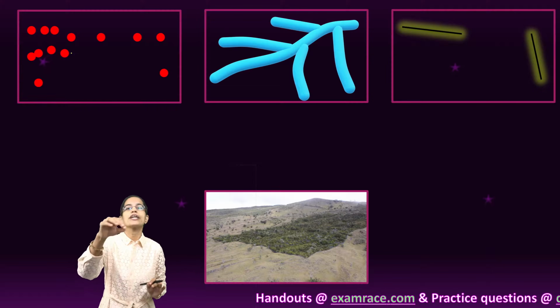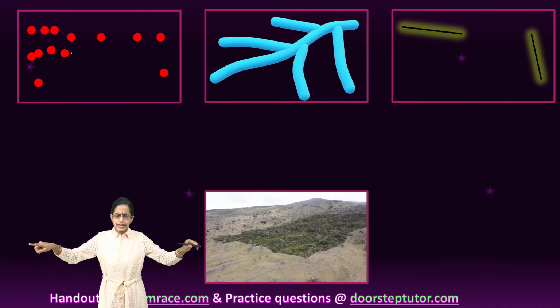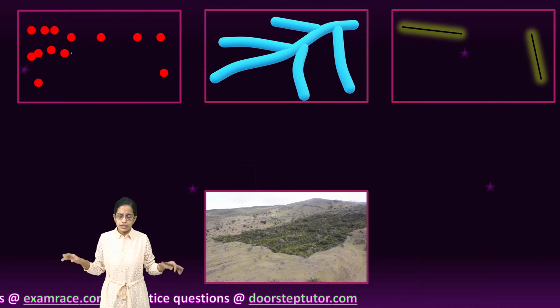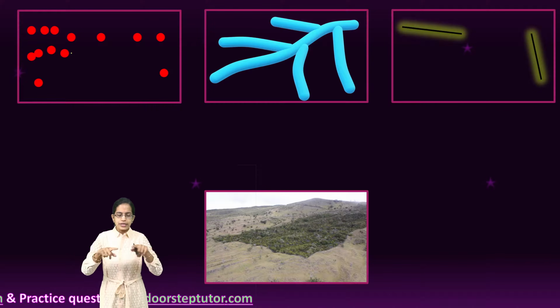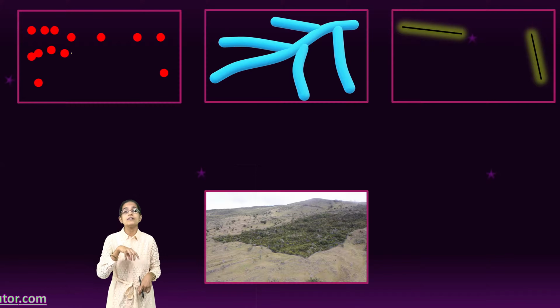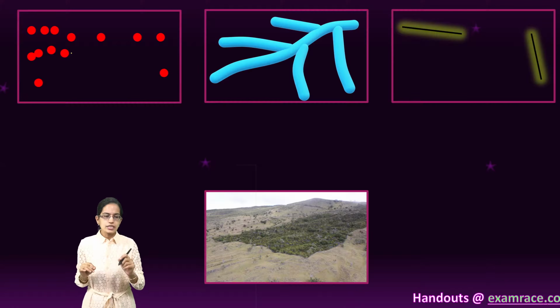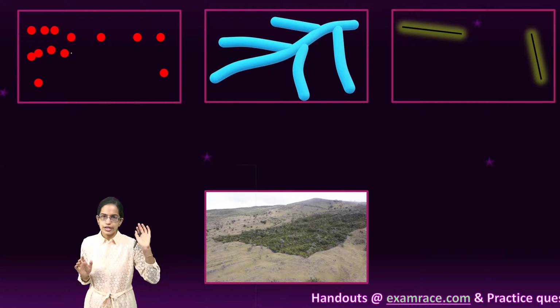So these are point locations. Say I have an area of 20 kilometers by 20 kilometers that I am studying. In this area, I identify the grocery stores. These grocery stores would be point locations.